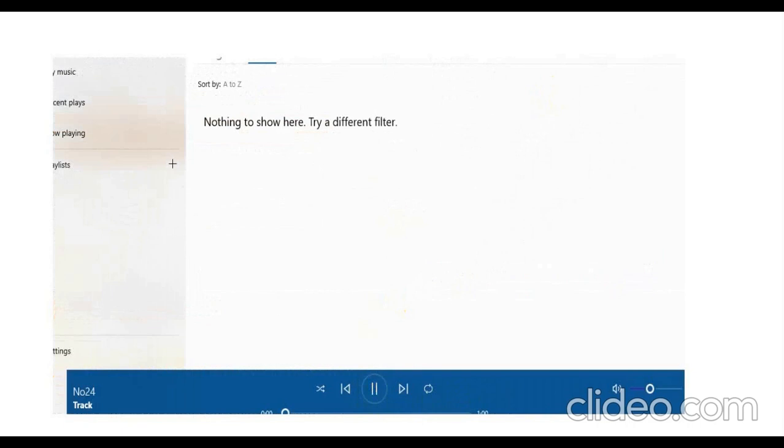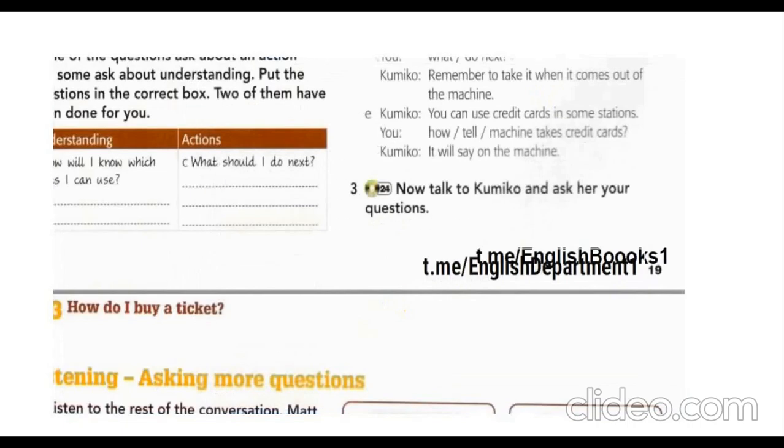Recording 24. A. Some ticket machines take both notes and coins. It will say on the machine. B. You put the money in the machine. You can see on the map. C. You get the ticket from the machine.